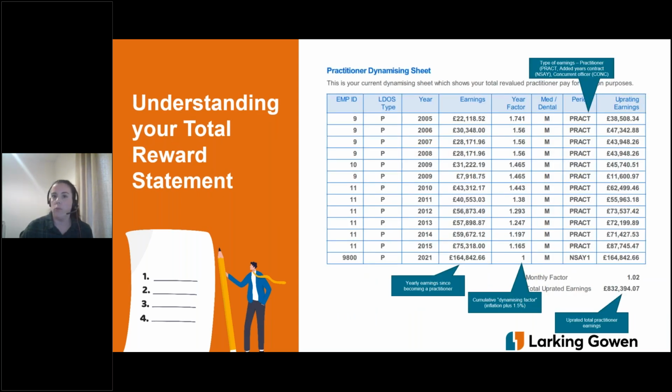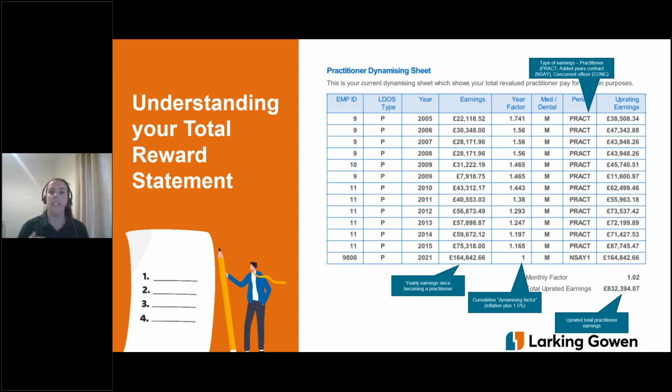Slightly later on in the total reward statement, this is probably another good sheet to look at. This is the list of your practitioner earnings. So when Lizzie said right at the outset, oh, my hospital pay is not included, this is what they're talking about. And no, it won't be on here because this is your practitioner earnings. So when you became a salaried GP, GP partner, locum GP, they list it year by year.